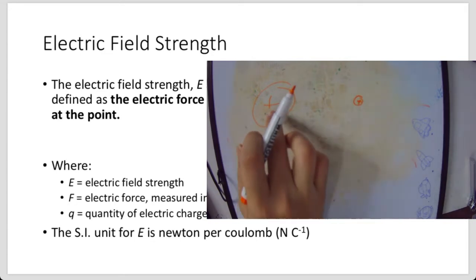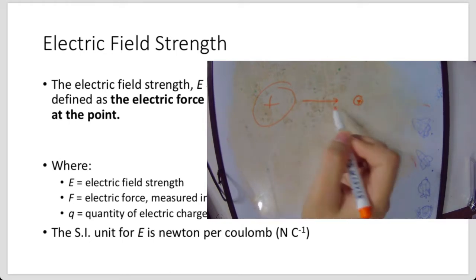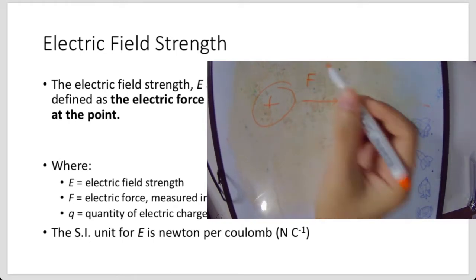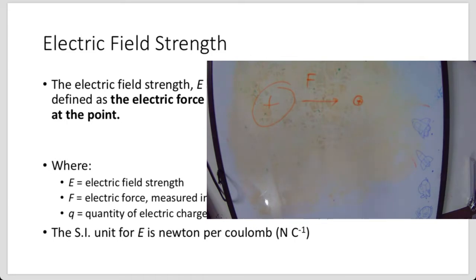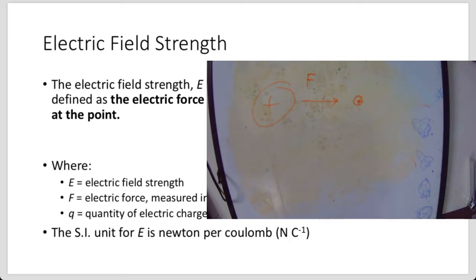And so here we have positive and positive, and so this will experience a pushing force. We need to find out how strong that force is. That's what this question is about, electric field strength. How strong is the pushing or the pulling force between these charges? So we can use this formula.